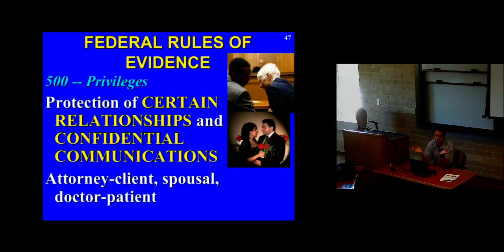The relationship's probably not very good anyway if they want to testify against one another, so they can do that. So the non-testifying spouse cannot use the spousal privilege. The spousal privilege is for the purported testifying spouse that does not want to testify against their spouse.